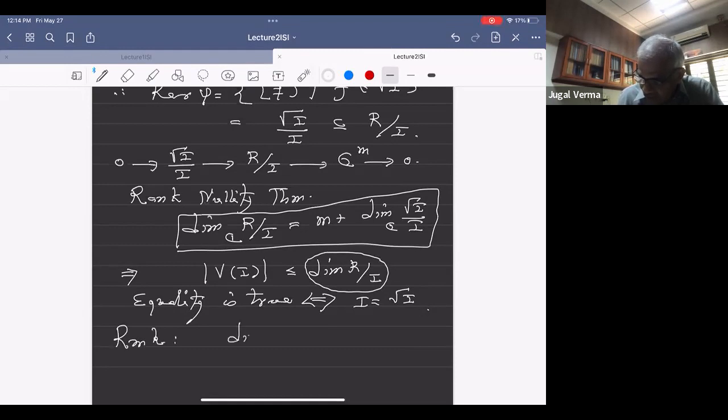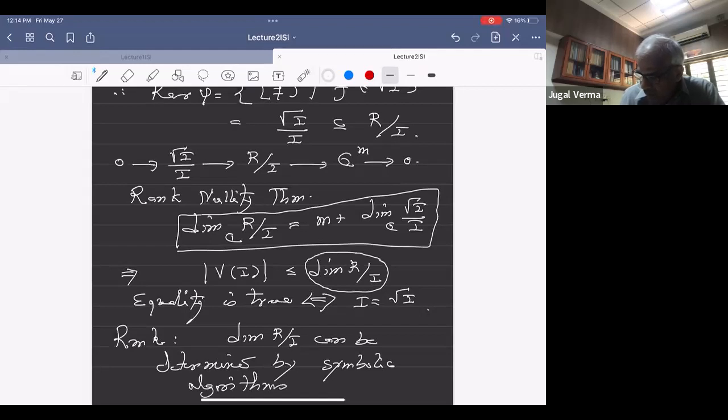The dimension of R mod I can be determined by symbolic algorithms, which are based on what are called Gröbner bases.